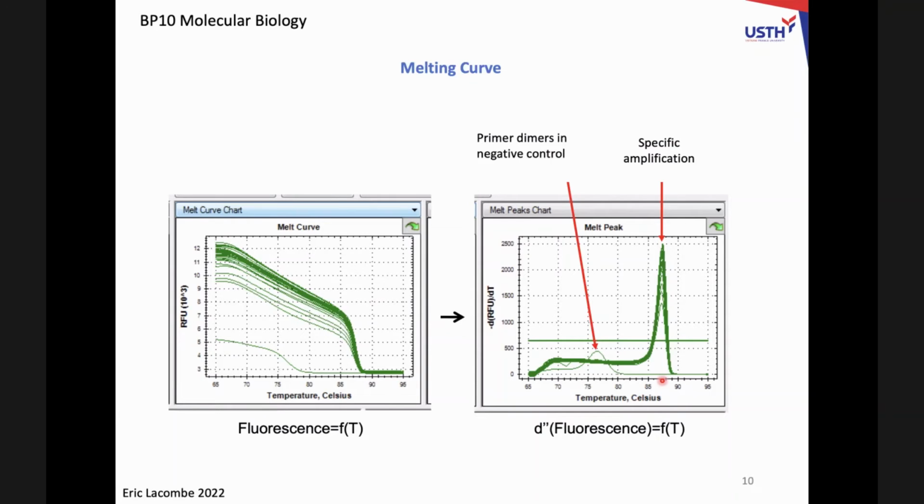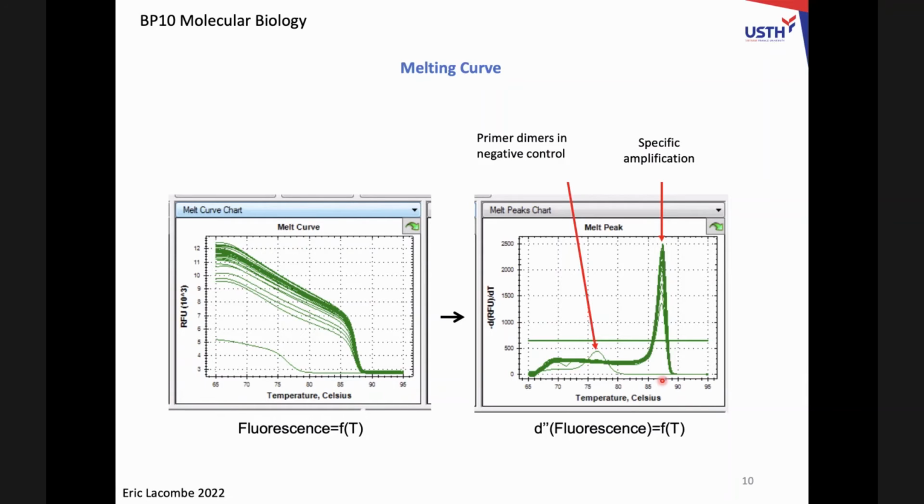If you have, for example, a contamination in your PCR during the reaction, which means that your two primers recognize two different targets, and in the same reaction you amplified two different PCR products, these two products will have either different size or different GC content.